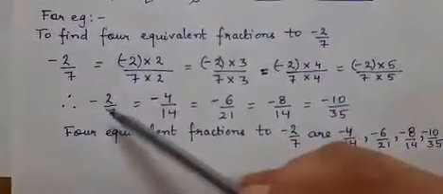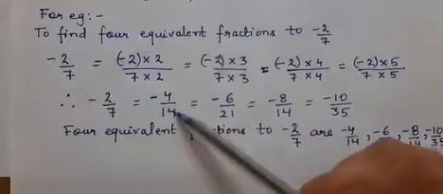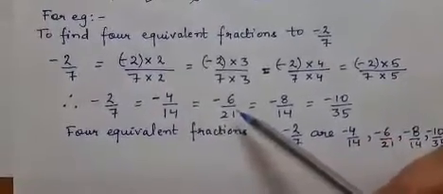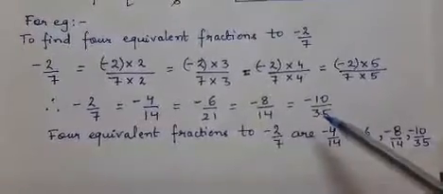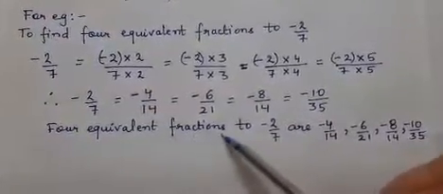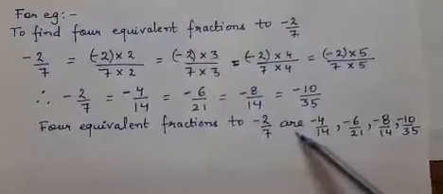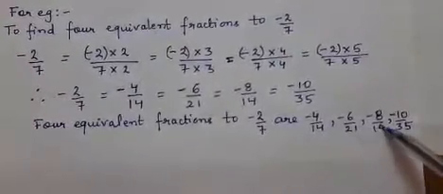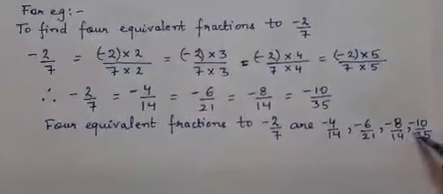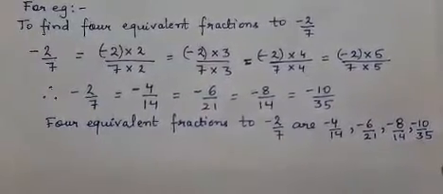So we get minus 4 upon 14, minus 6 upon 21, minus 8 upon 28, minus 10 upon 35. So four equivalent fractions to minus 2 upon 7 are minus 4 upon 14, minus 6 upon 21, minus 8 upon 28 and minus 10 upon 35.